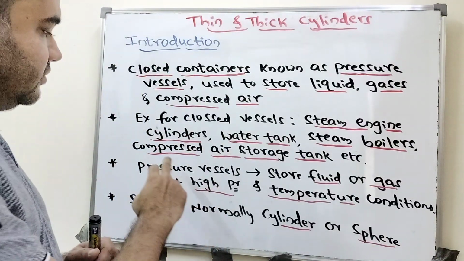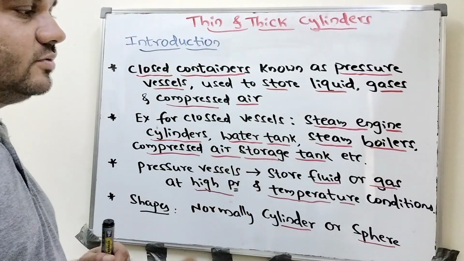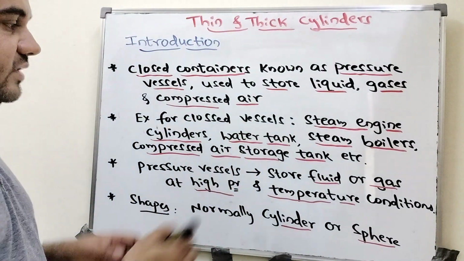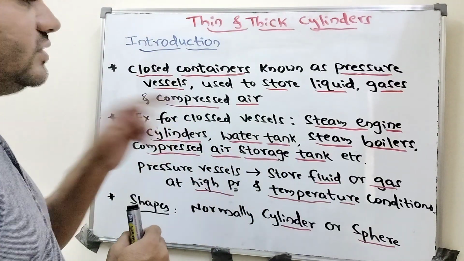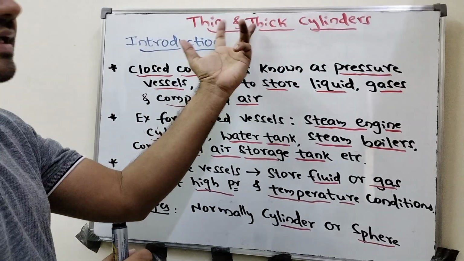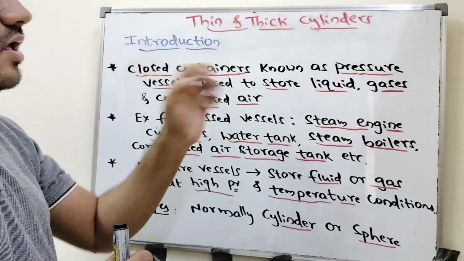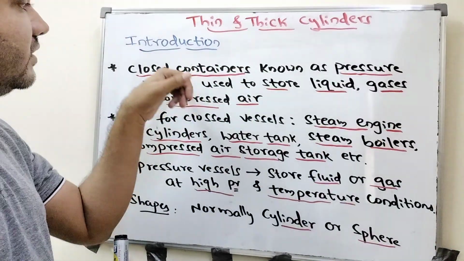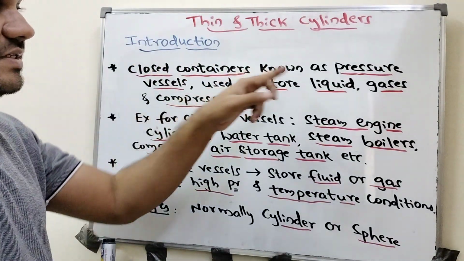So the compressed air storage tank is also one example of closed vessels. So these are all the examples for closed vessels or cylinders. Later we will discuss what you mean by thick cylinder and thin cylinder. Before that, first we need to know what you mean by closed containers or vessels.